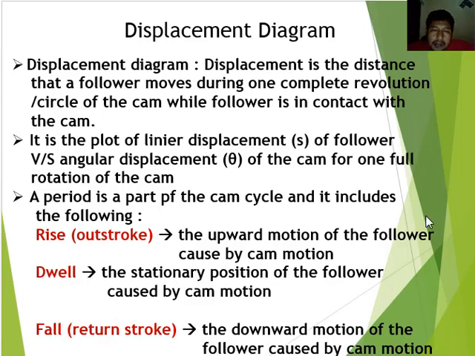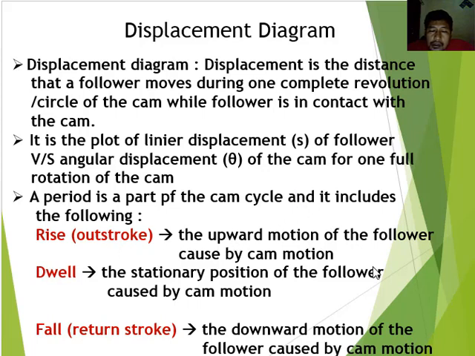There are two kinds of motion in the cam and profile. For the follower motion, we can use s as the notation for the linear displacement, and for the cam motion we can use the theta symbol for the angular displacement of the cam for one full rotation.